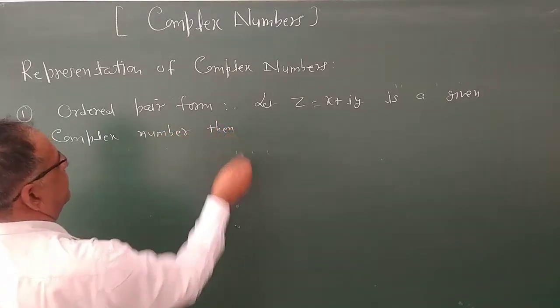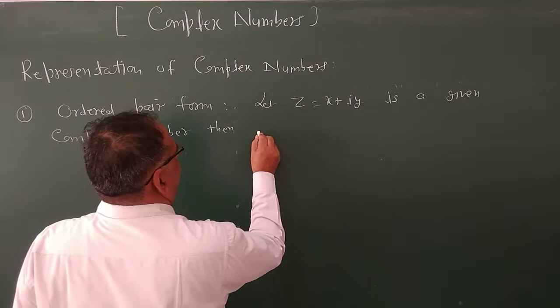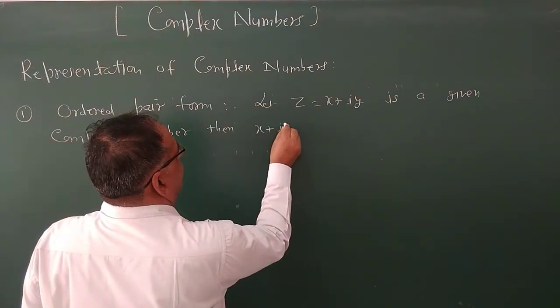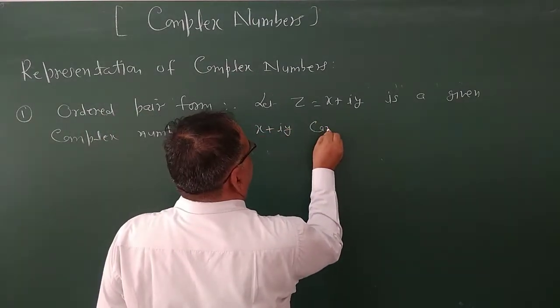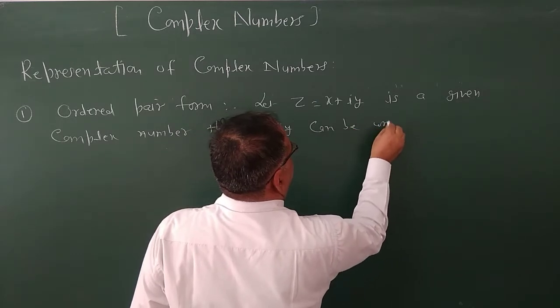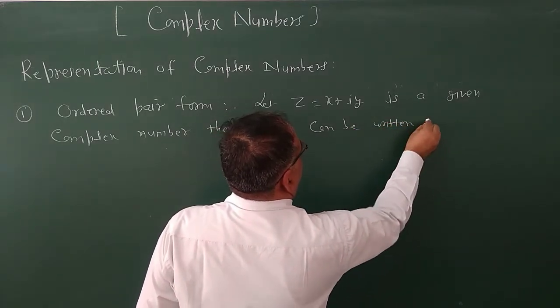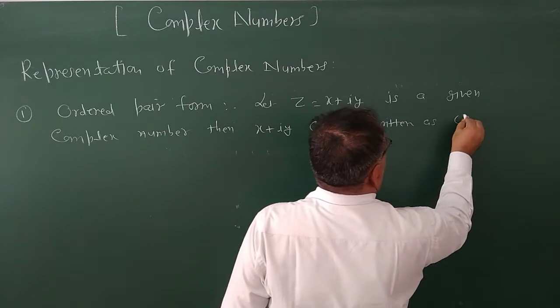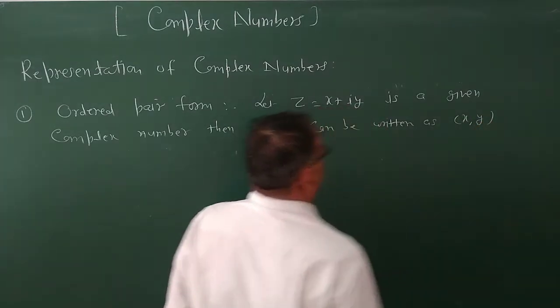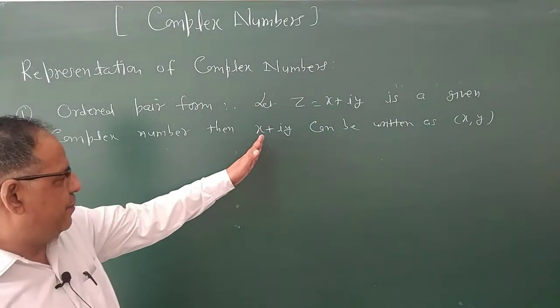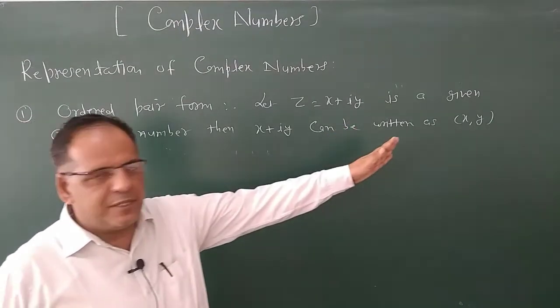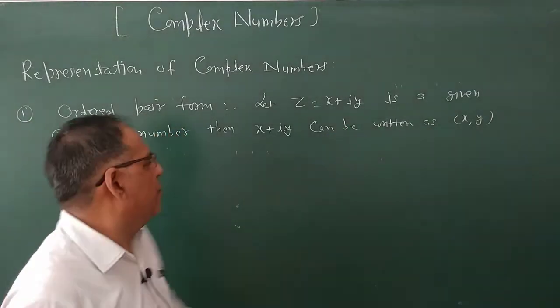Then x plus iota y can be written as x, y. This complex number x plus iota y can be written as the ordered pair x comma y.